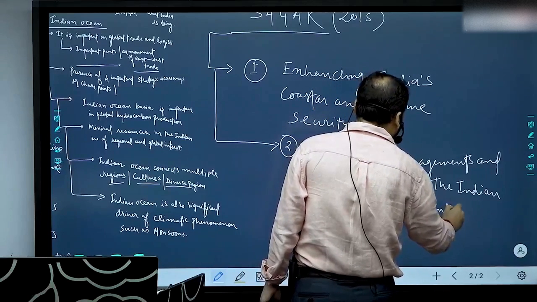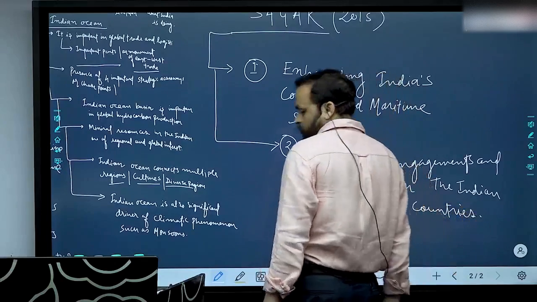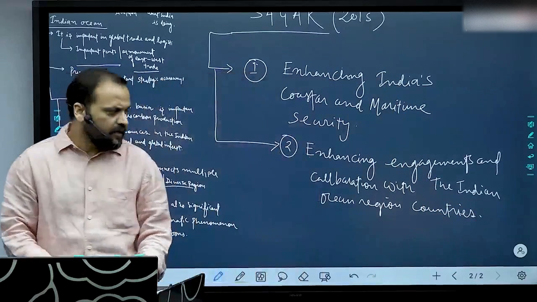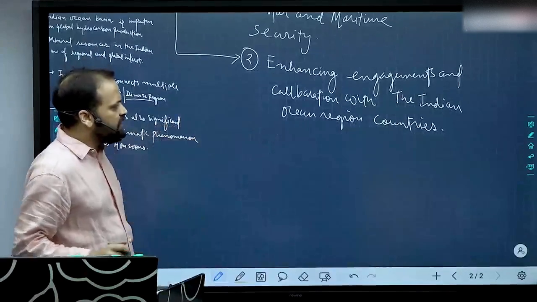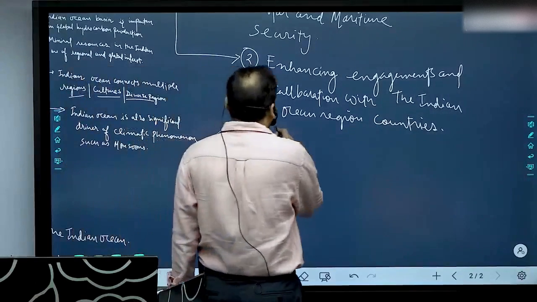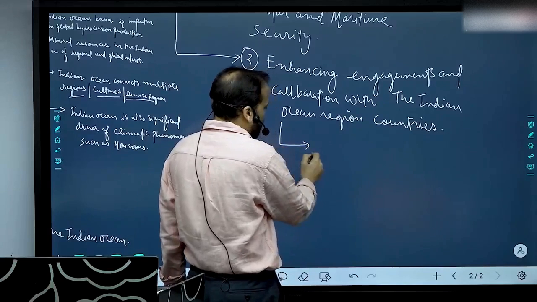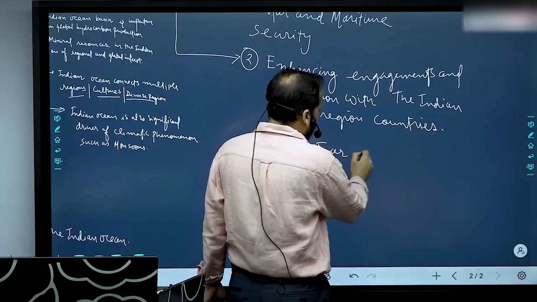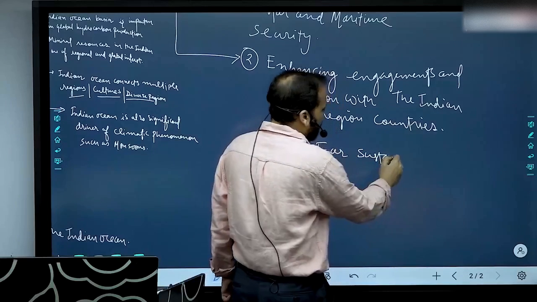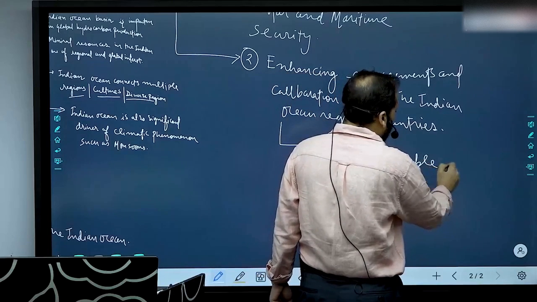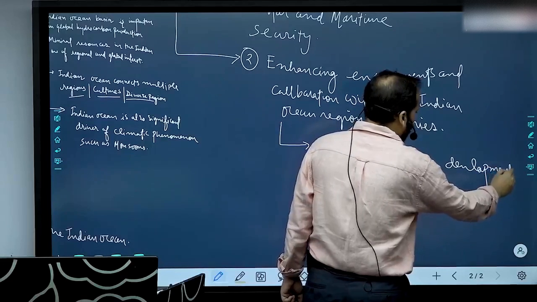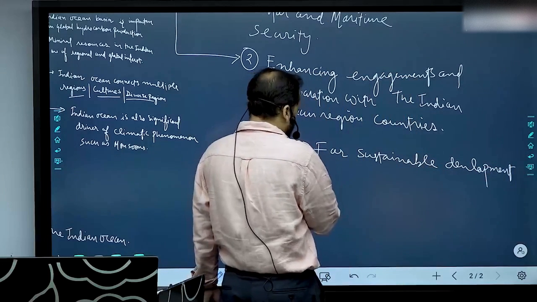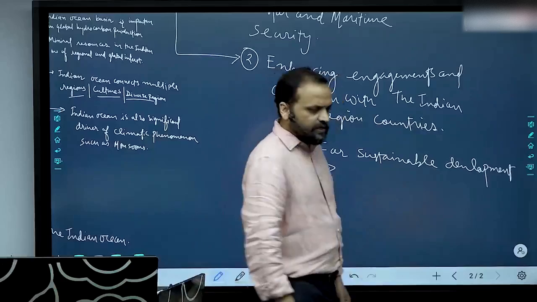We generally start calling it IOR, a reference to the Indian Ocean region. So enhancing engagements and collaboration with the Indian Ocean region countries. For what? A, for sustainable development, or sustainable development is a general term.